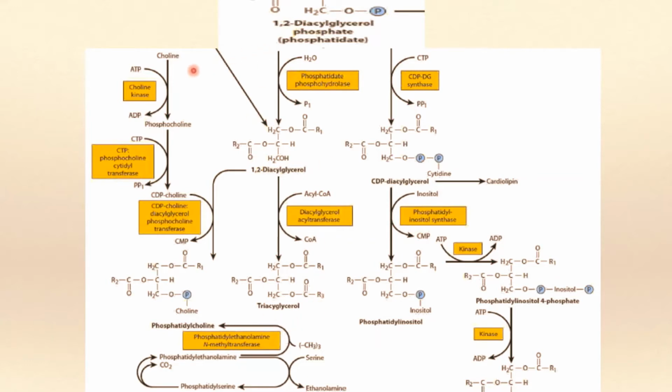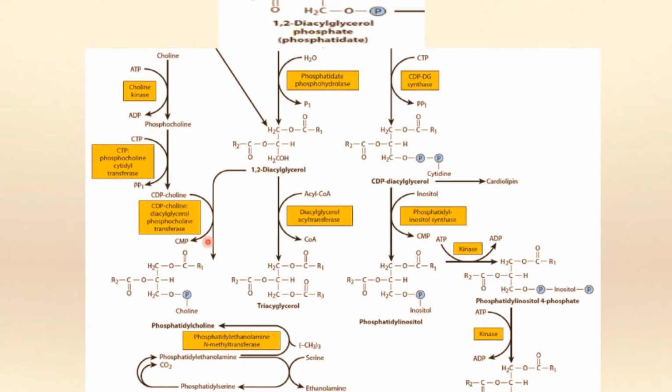In the second way, if choline, the nitrogenous base, is present, this choline first undergoes phosphorylation, an activation by a kinase reaction, and subsequently it binds with CTP, the nucleotide cytidine triphosphate. Here a transferase enzyme transfers this to form CDP-choline.